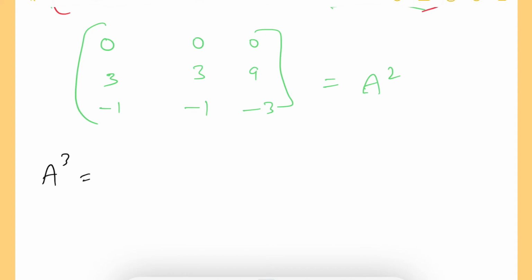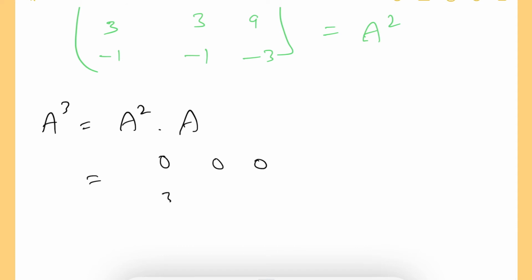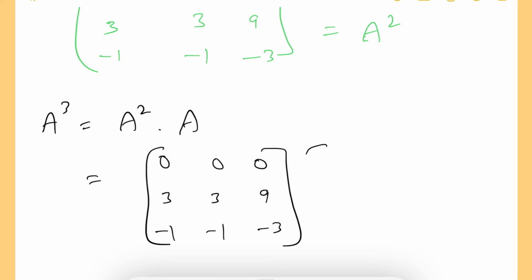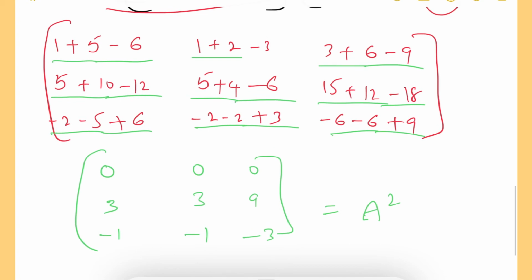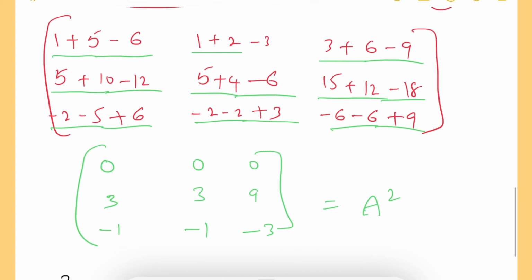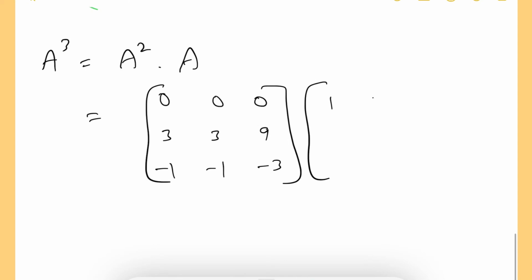A cube is equal to A square into A. So A square value we have as 0 0 0, 3 3 9, minus 1 minus 1 minus 3, into A. A matrix is given as 1 1 3, 1 1 3, 5 2 6, minus 2 minus 1 minus 3.